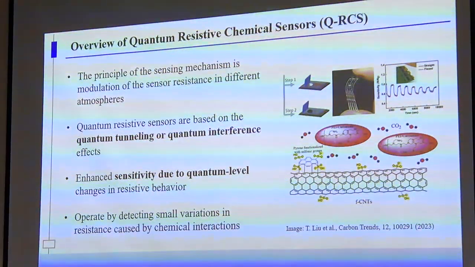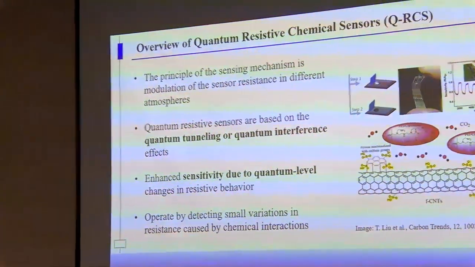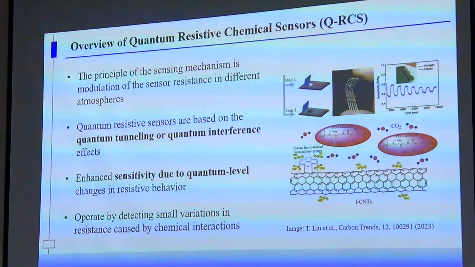So what is the principle of the quantum resistive chemical sensor, or what is the mechanism for that? In this case, sensor resistance can be modulated in the presence of any analyte. And if that happens in the form of quantum tunneling or quantum interface, that defines the quantum resistive chemical sensor.